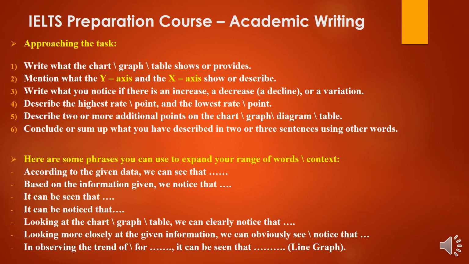Number 4, describe the highest rate or point and the lowest rate or point. Number 5, describe 2 or more additional points on the chart, graph, diagram, or table. Number 6, conclude or sum up what you have described in 2 or 3 sentences using other words.